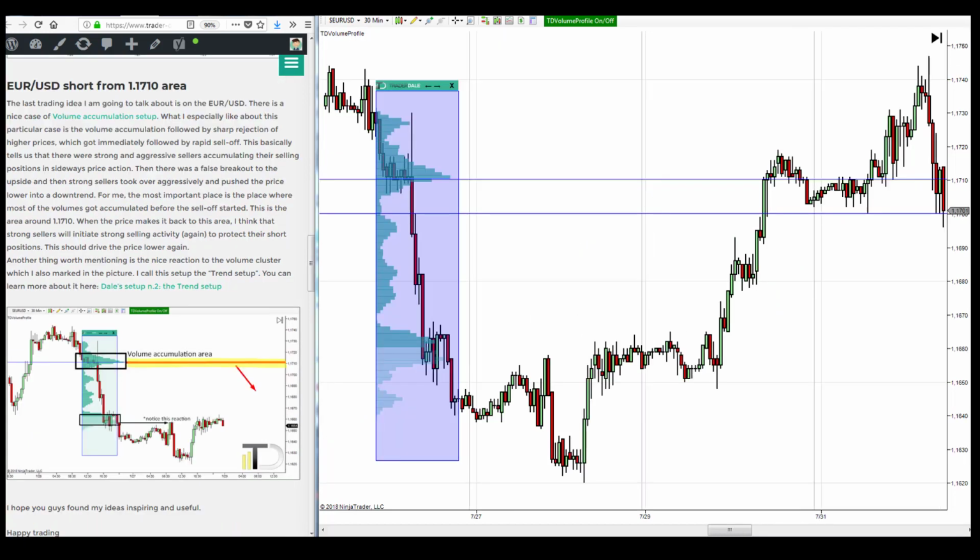Let's have a look at another intraday level. This time it was on the euro dollar and it was a short from 1.1710. I really like this level. It was based on volume accumulation setup right there. This is the prediction. This is the level. And as you can see, I hope you can see it, there was a very nice and very quick reaction.